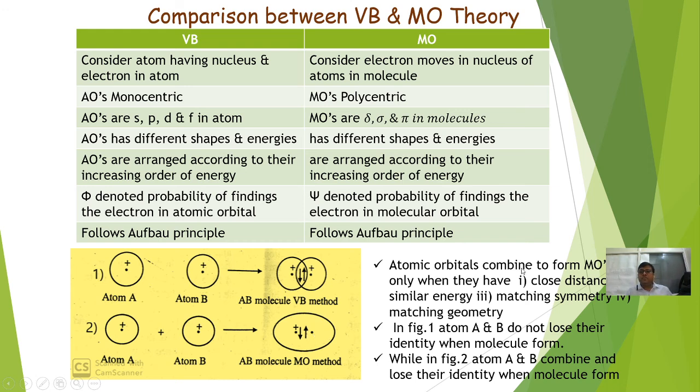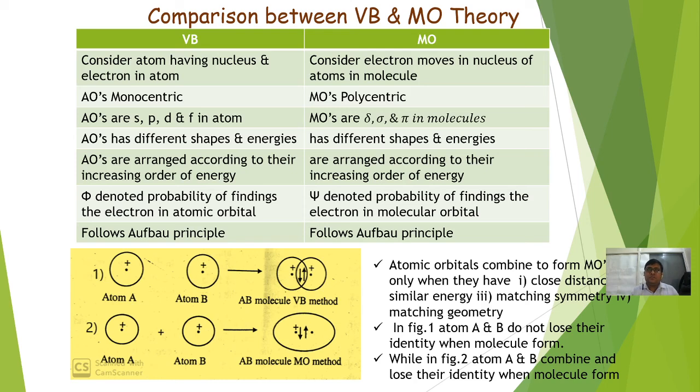Atomic orbitals combine to form molecular orbitals only under certain conditions. The combination of atomic orbitals is possible when they are at a close distance. Then they have similar energy. And the third criterion is that they have matching symmetry.